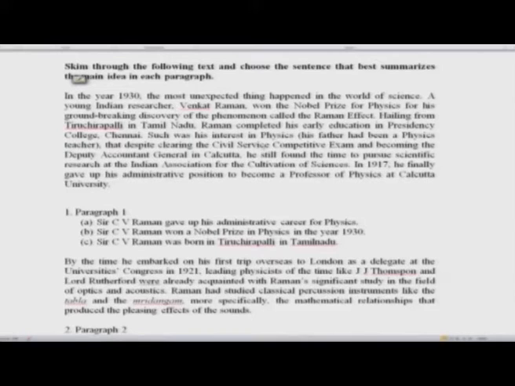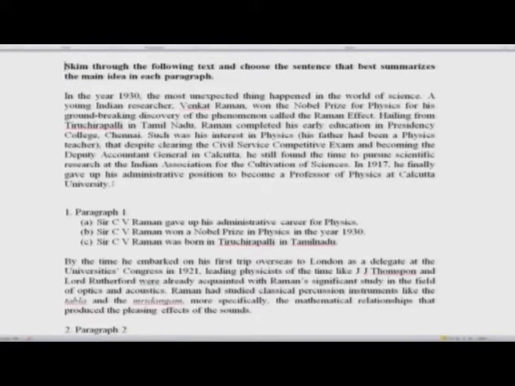Despite clearing the civil service competitive exam and becoming the Deputy Accountant General in Calcutta, he still found the time to pursue scientific research at the Indian Association for the Cultivation of Sciences. In 1917, he finally gave up his administrative position to become a professor of physics at Calcutta University.